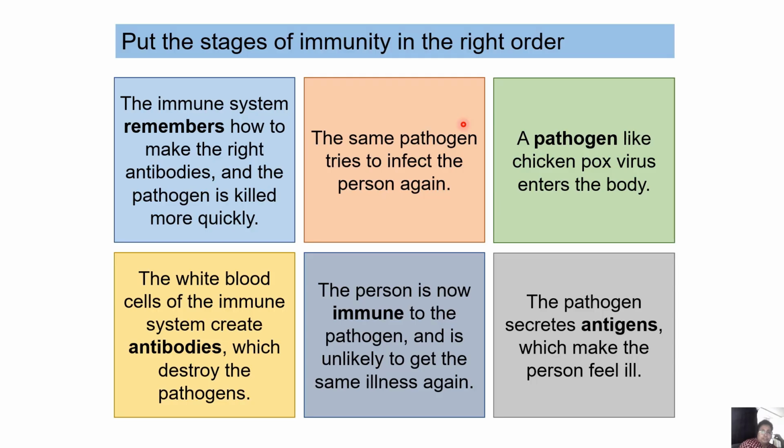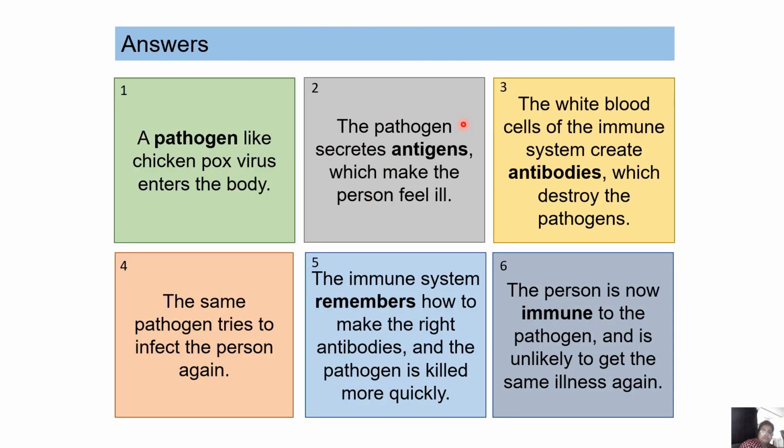The pathogen secretes antigens which make the person feel ill. For example, first, a pathogen like chickenpox enters the body. Second, the pathogen secretes antigens which make the person feel ill. Third, the white blood cells of the immune system create antibodies which destroy the pathogens.